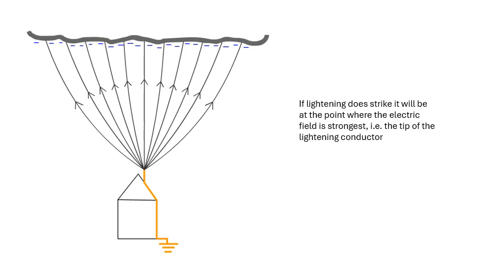If lightning does strike, then it'll be where the field is strongest, and that is the tip of the lightning conductor. So that's the job of the lightning conductor. In fact, the field is so strong that the air around the tip becomes ionized, and that actually reduces the chance of lightning striking. But anyway, there's another example of a non-uniform field.